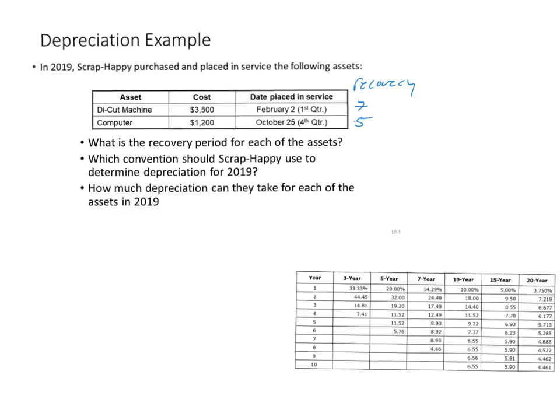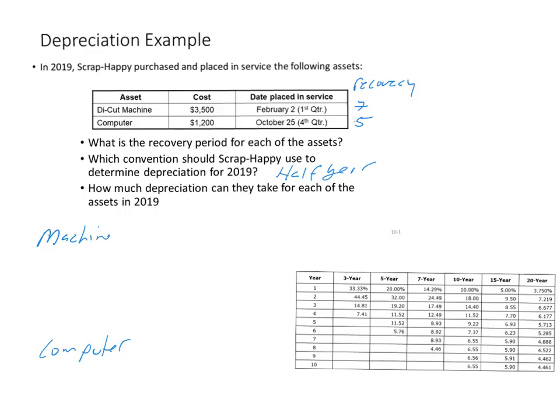Okay, and we already said that we're going to use half year in this situation. So now we need to figure out the depreciation for each one. So we've got the machine, and we've got the computer.